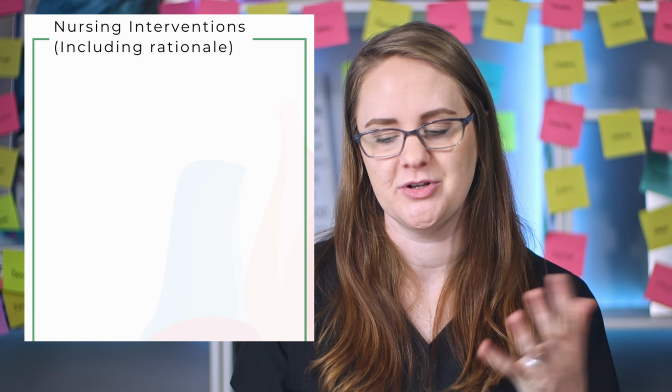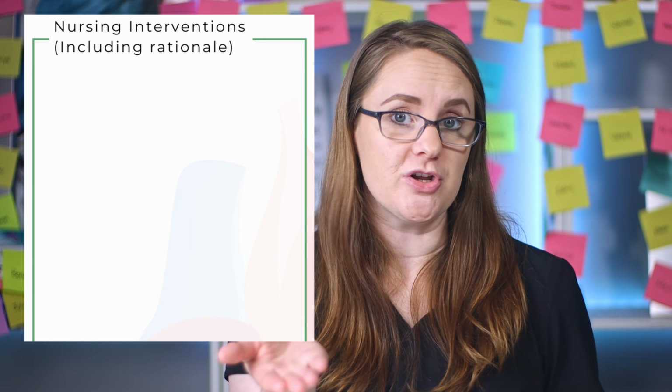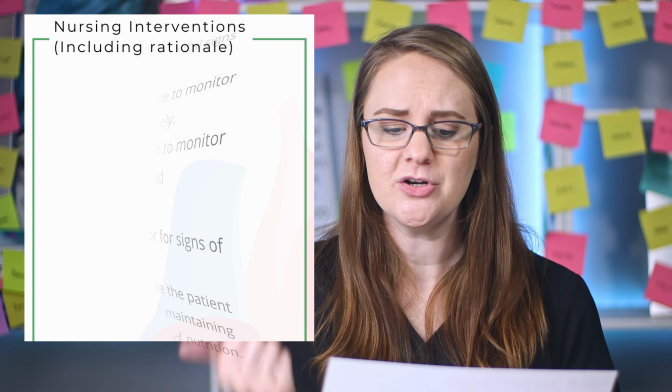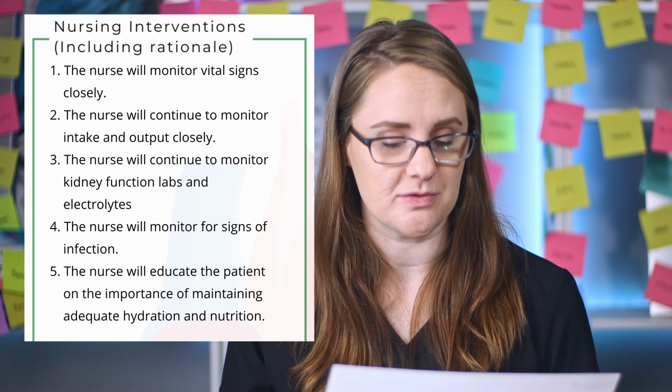Now, in the next section, we'll walk through the things that you as a nurse need to do to help the patient meet those goals. But for now, this section is specifically focused on things that the patient will be doing, which now brings us to the next section of the nursing care plan, the nursing interventions, okay? So some possible nursing interventions that you could use for your acute kidney injury care plan could be things like: the nurse will monitor vital signs closely.